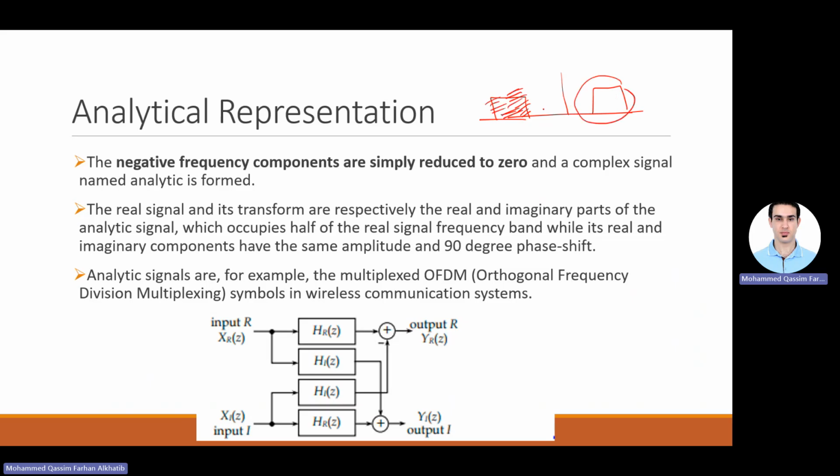That's what we call an analytical representation of the filter. So the real signal and its transform are respectively the real and imaginary parts of the analytical signal. That's the standard way, which occupies half of the real signal frequency band, while its real and imaginary components have the same amplitude and a 90 degrees phase shift. It shows you that with complex filters you have an advantage: I'm not going to have this part, so in terms of bandwidth, that's a saved bandwidth.